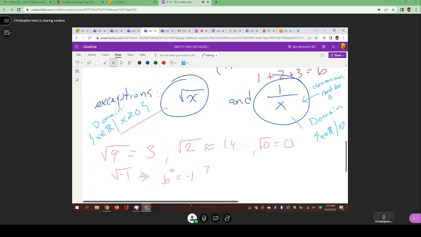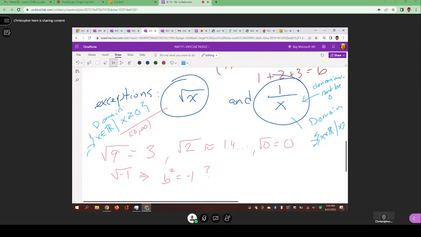And remember, these little notations that I'm showing you, this is set builder notation. If you want to write it in interval notation, for the square root you start from 0, including it, all the way to infinity.